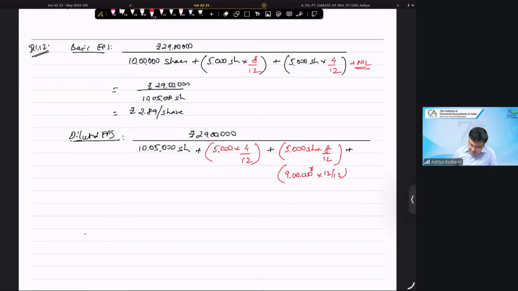This 9 lakhs is nothing but your profit earned is 29 lakhs, which is in excess of 20 lakhs. For every 1,000 rupee profit, you will get 1,000 rupees worth of the share. So that is equal to 9 lakh shares.